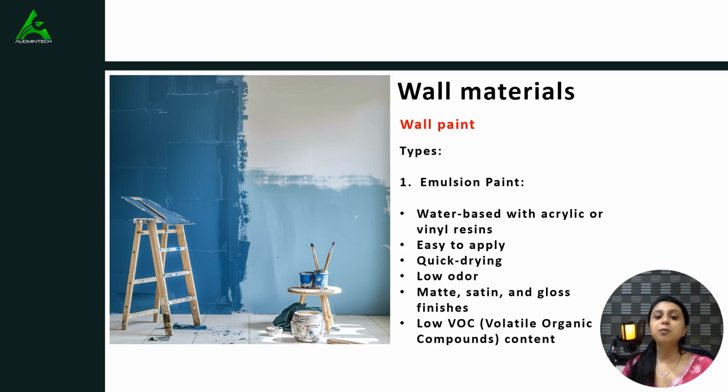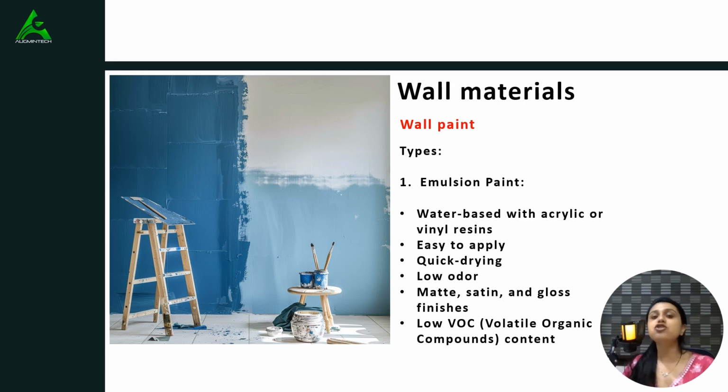Now this kind of paint is also low odor. Now this kind of paint does not stink a lot and it still has some kind of an odor, but it is low odor as compared to the other paints that we'll talk about. Now, this also comes in various finishes. You can do your emulsion paint in high gloss, satin finish or matte finish.